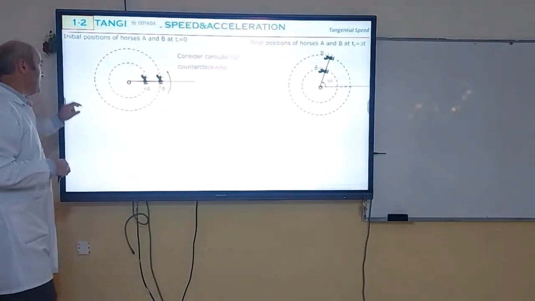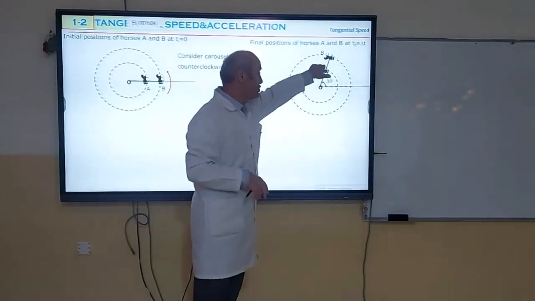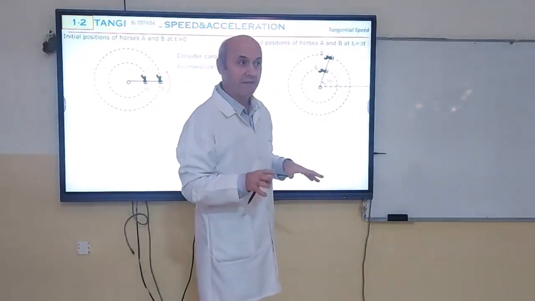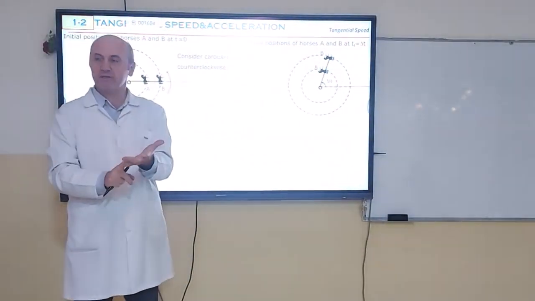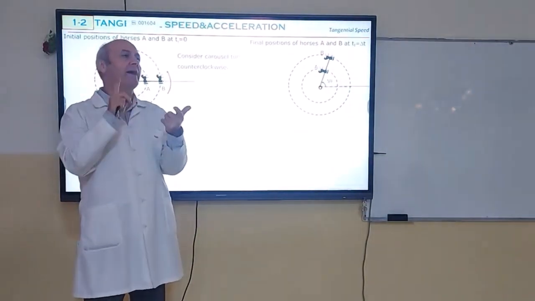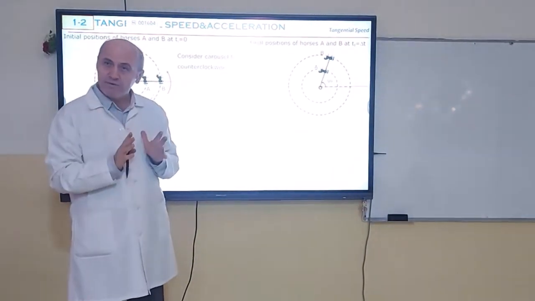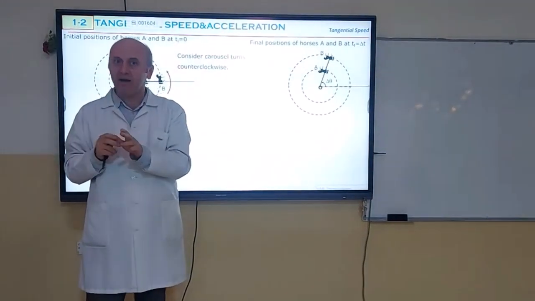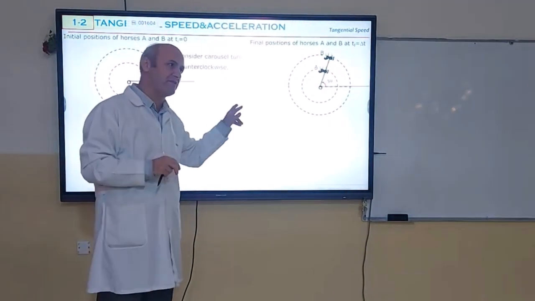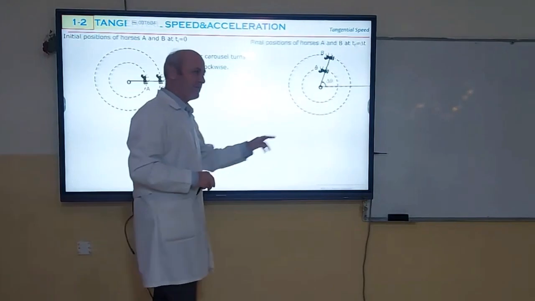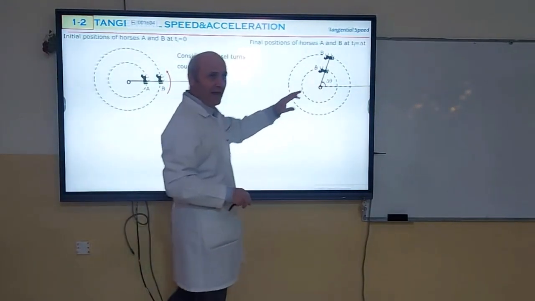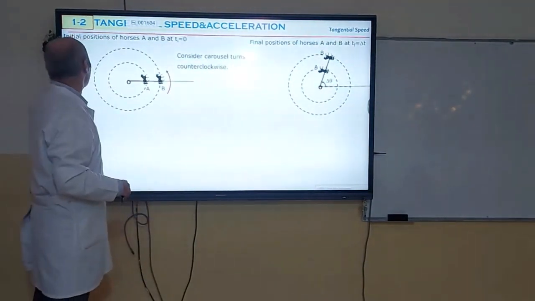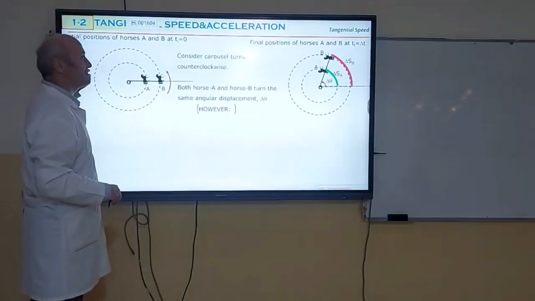But if we want to measure this circular motion of these two horses by linear quantities, like distance, like linear speed, like linear acceleration, we are going to observe that these quantities are different for two horses at different distances. Look at this picture. Horse A and horse B are moving at different distances.